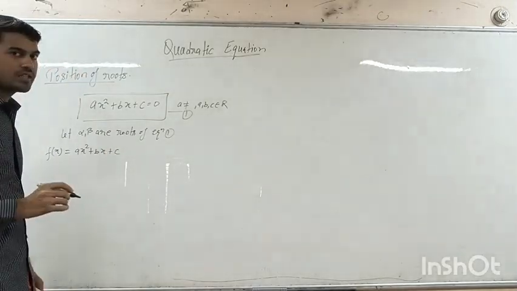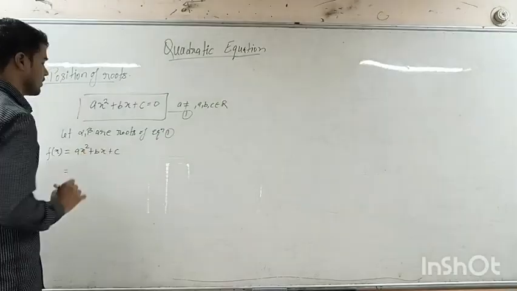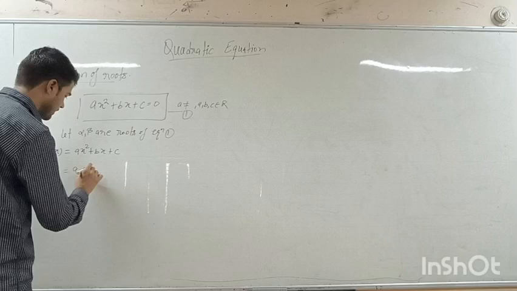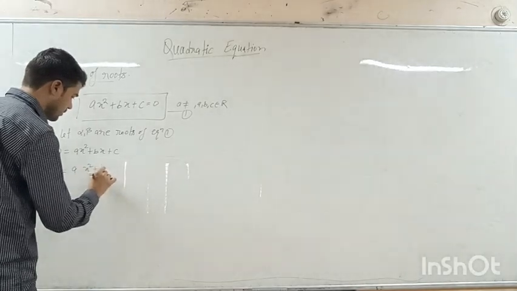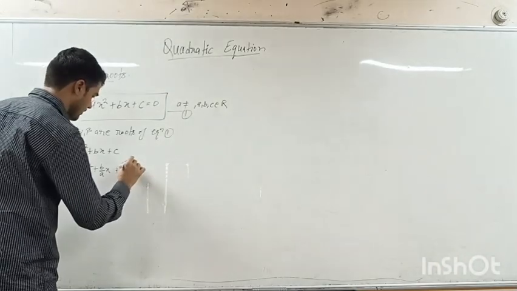First we will understand how we can rewrite the quadratic expression. We take a common: x square plus b by a x plus c by a.